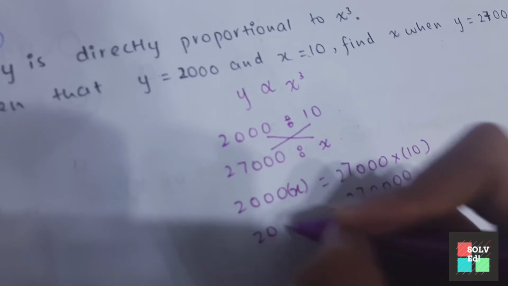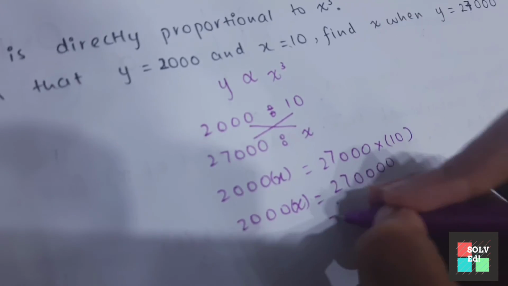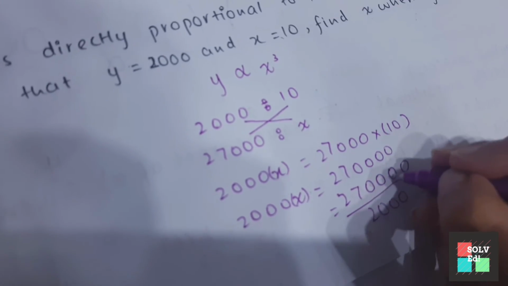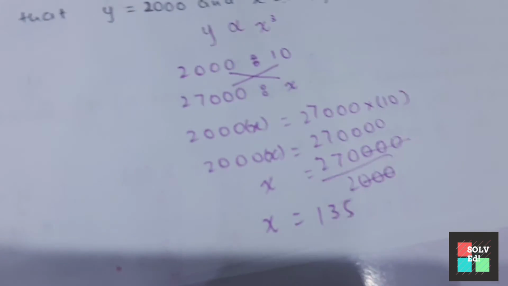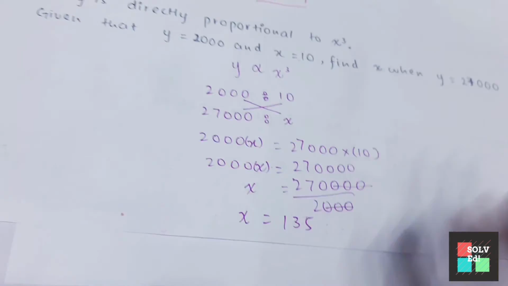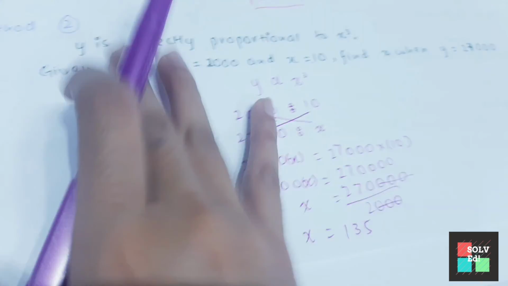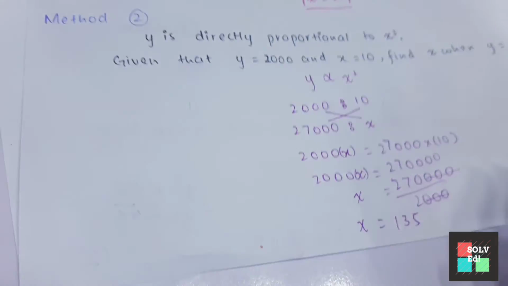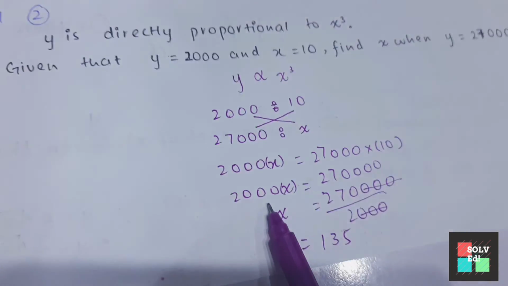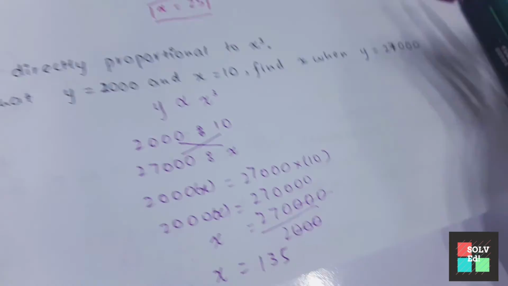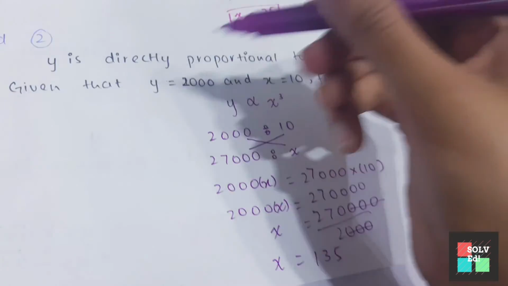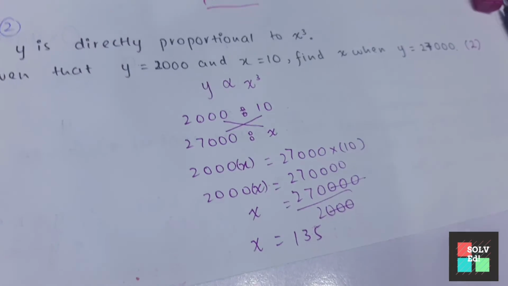And if we divide by 2000 on both sides, we'll get 135. Now, this is a little bit shorter. It does not give you the formula, but for the formula questions, you're going to solve it like the earlier way. And it's usually coming with a formula question. So I would recommend that way. However, this is much shorter if they just ask you a direct question like this, probably of 2 marks. So if you do this working, you're also going to get the same marks.